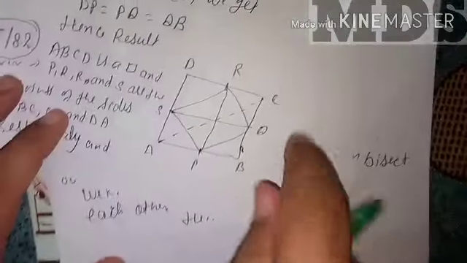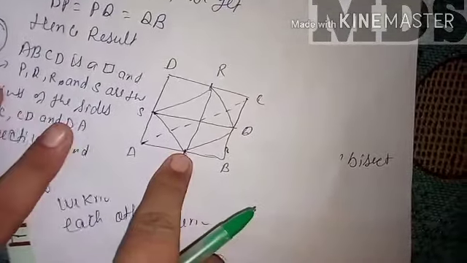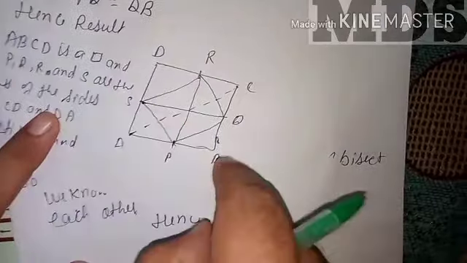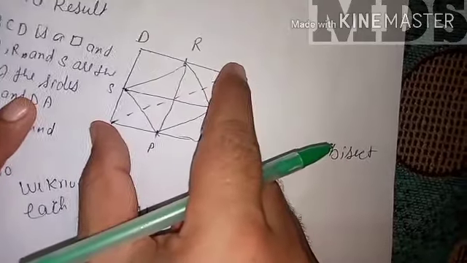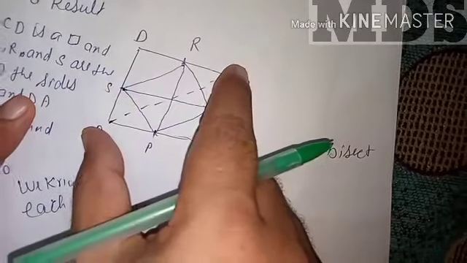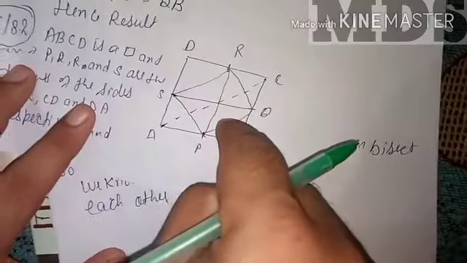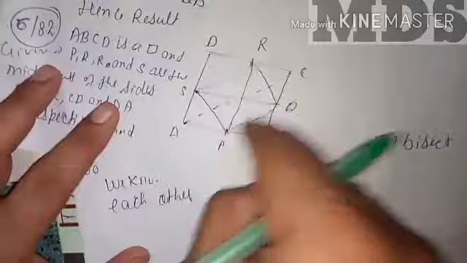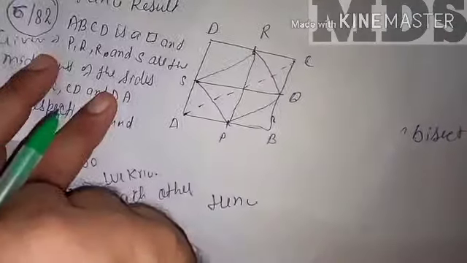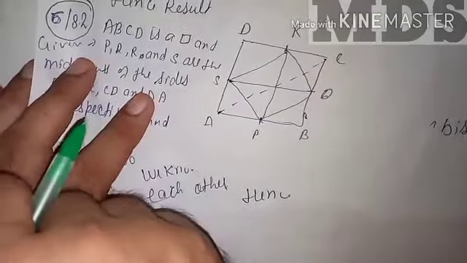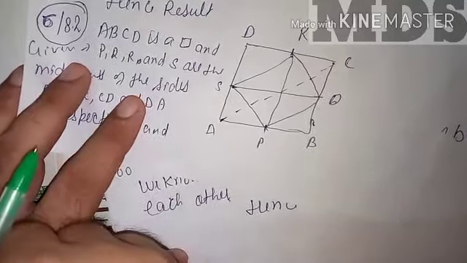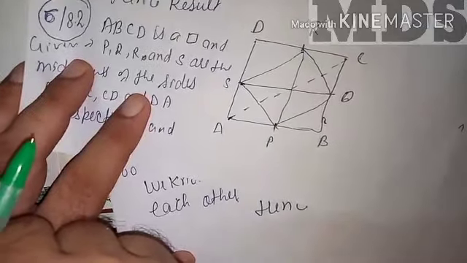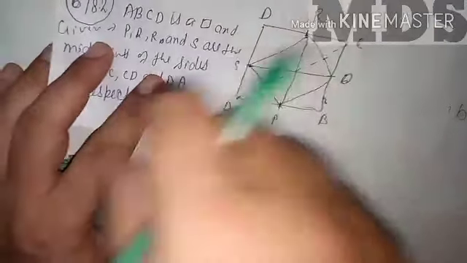So here P is the midpoint, Q is midpoint, R is midpoint, S is midpoint. So you can say this is half of it and parallel to this. This is half of it and parallel to this. It means this equals this and this is parallel to this. So PQRS becomes a quadrilateral whose one pair of opposite sides is parallel and equal. So it's a parallelogram and diagonals of a parallelogram bisect each other. So you can do it till here.